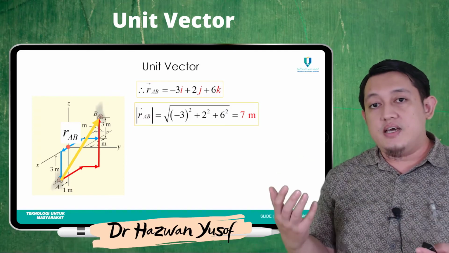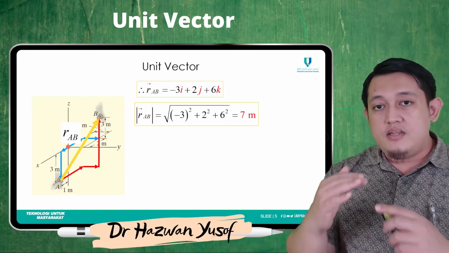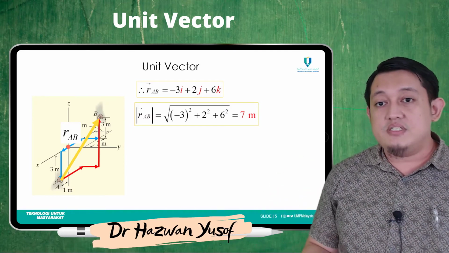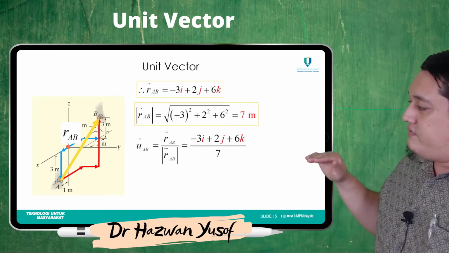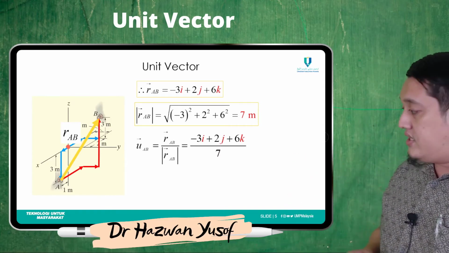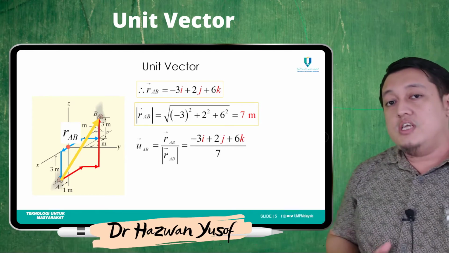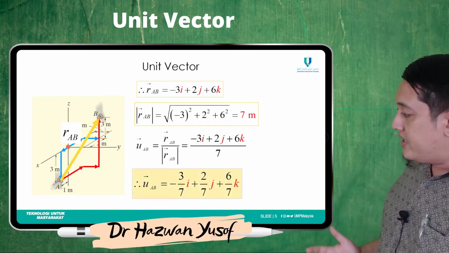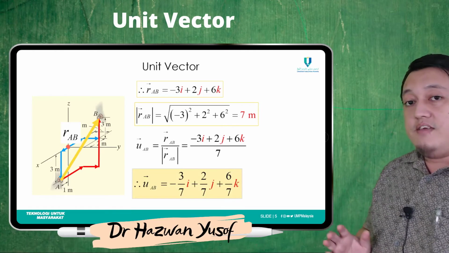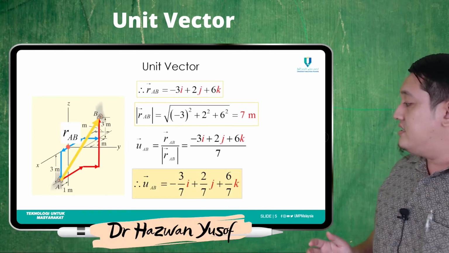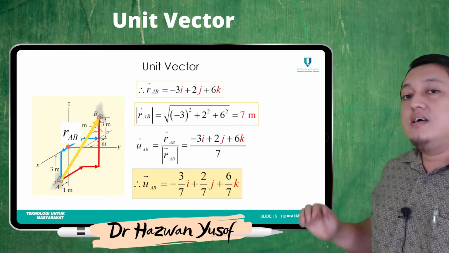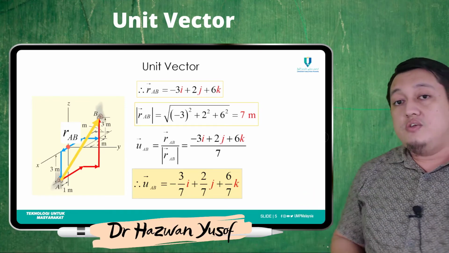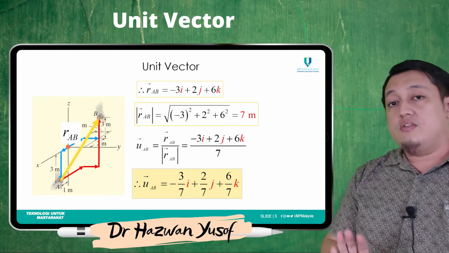So, we have the vector and we also have the magnitude of the vector, which means that we can calculate the unit vector. Vector over magnitude of the vector, it will be like this. So, the unit vector is negative 3 over 7 I plus 2 over 7 J plus 6 over 7 K. So, this is the unit vector from A to B.